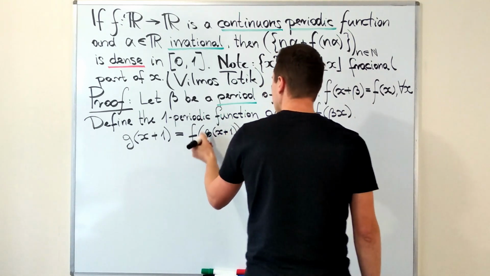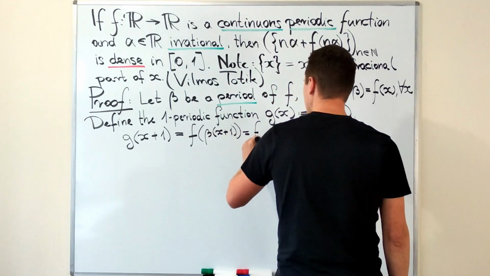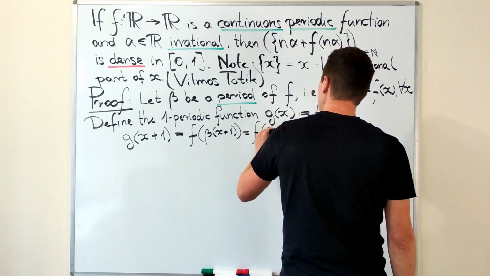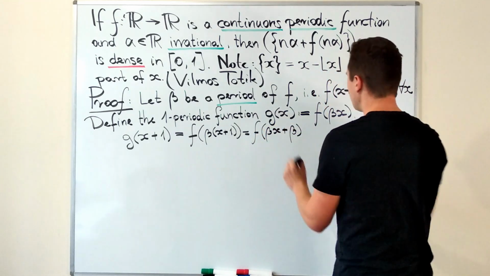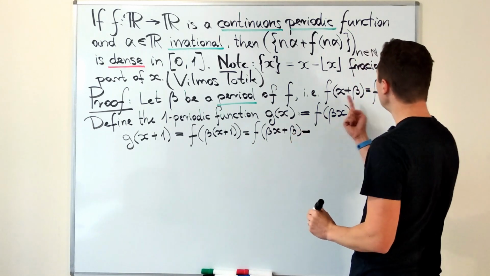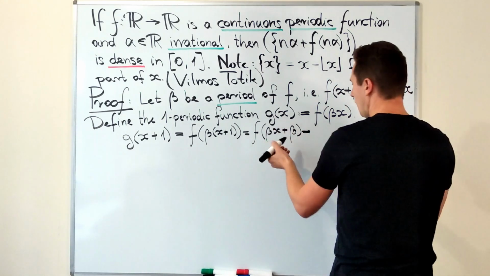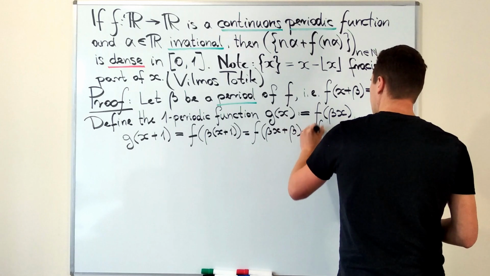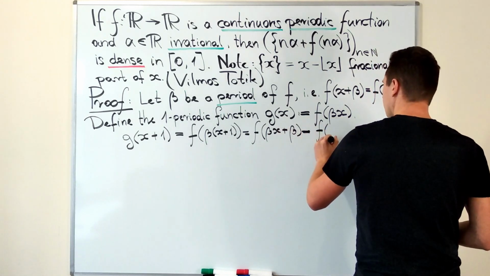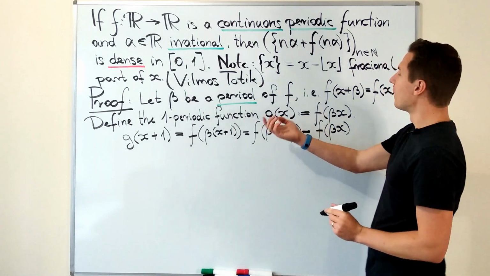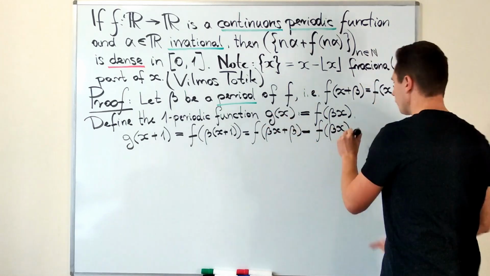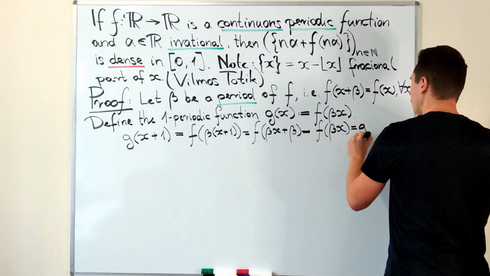If I expand the product in the argument, I get f of beta times x plus beta. But now I can use that f is beta periodic for all arguments. So that is the same thing as f of beta times x, which again by definition is just g of x.